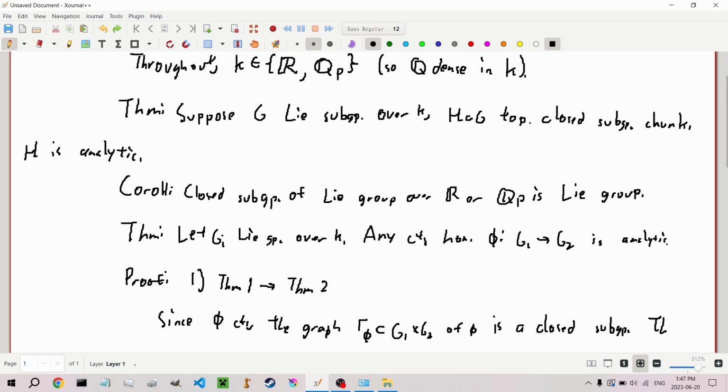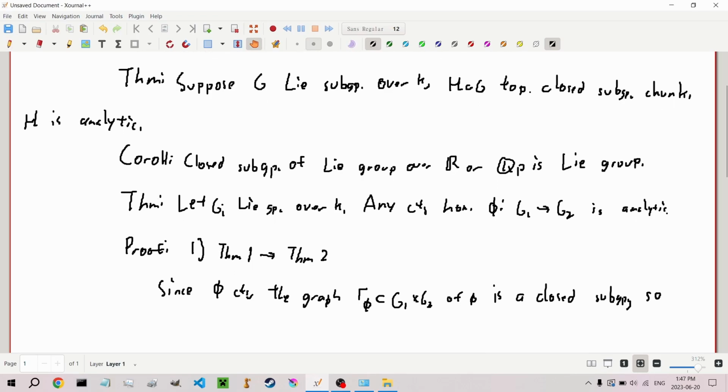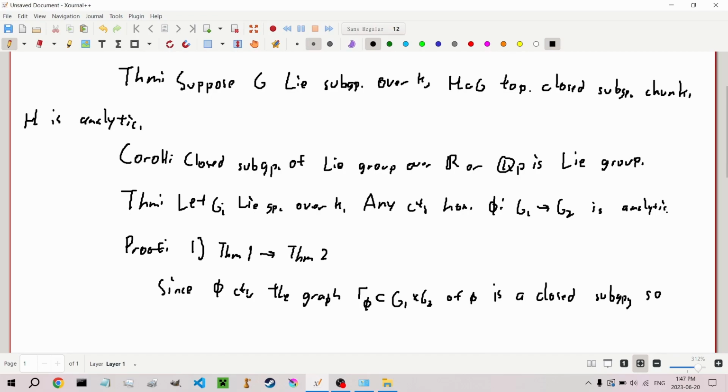Hence, this graph meets the conditions of our first theorem, and since we're assuming our first theorem, the graph is going to be analytic.